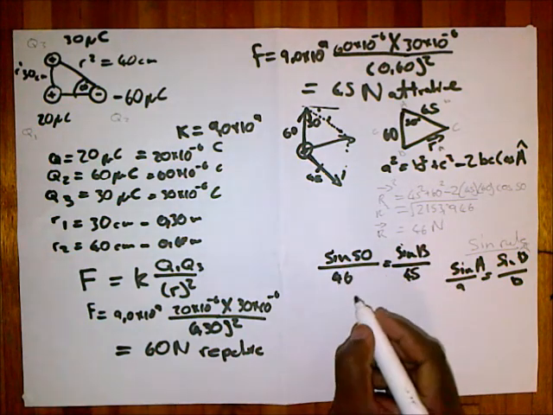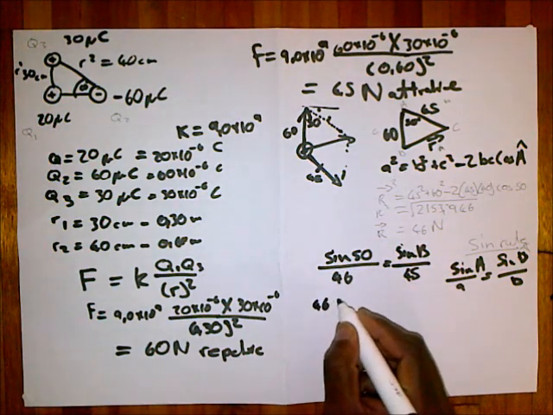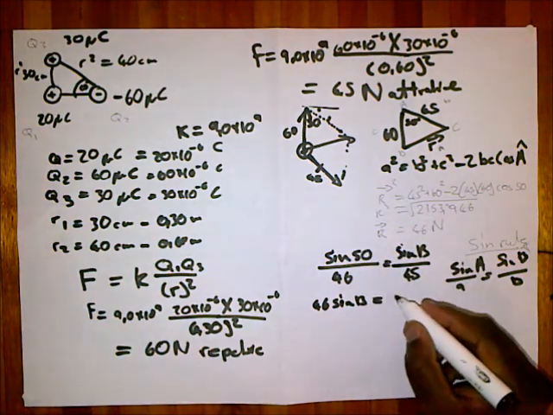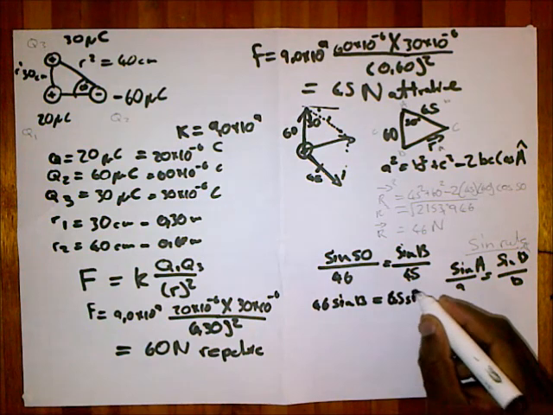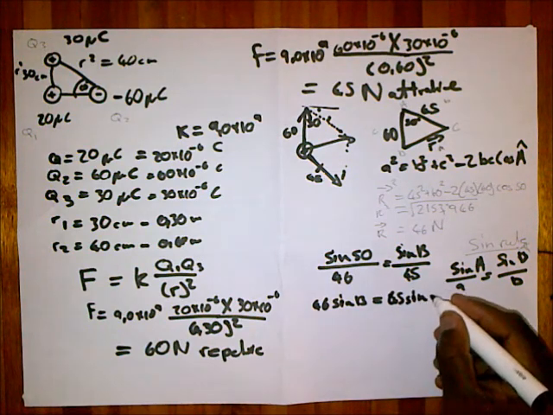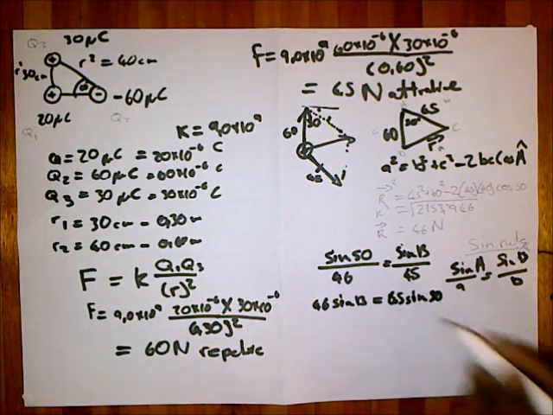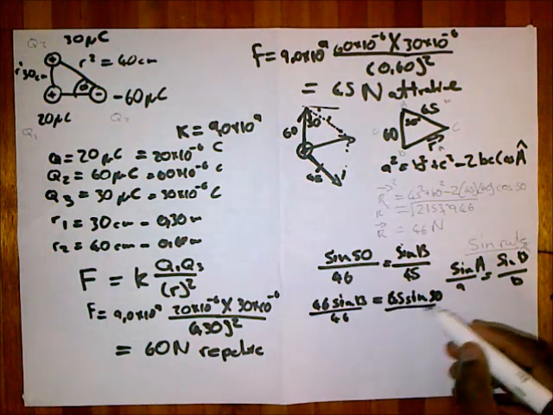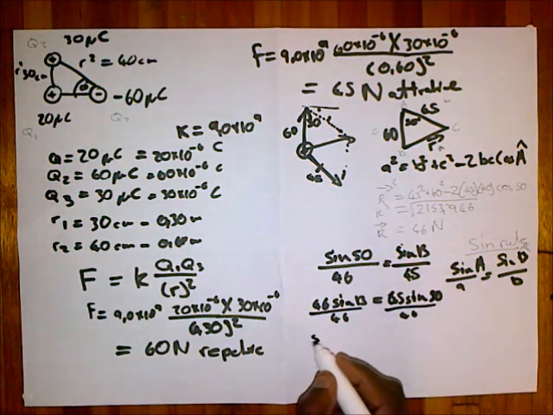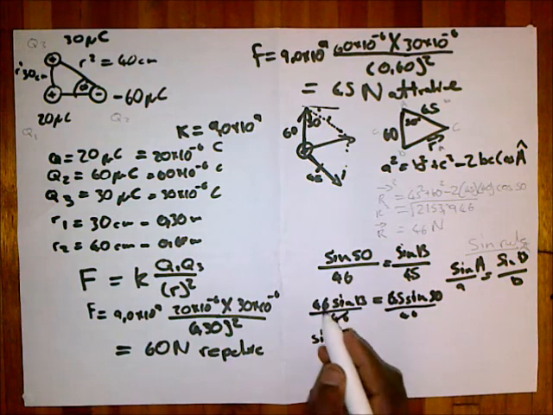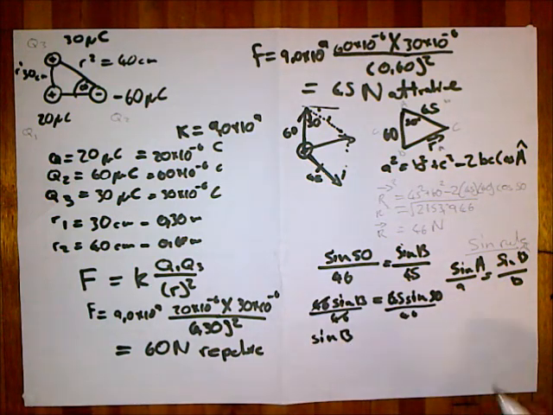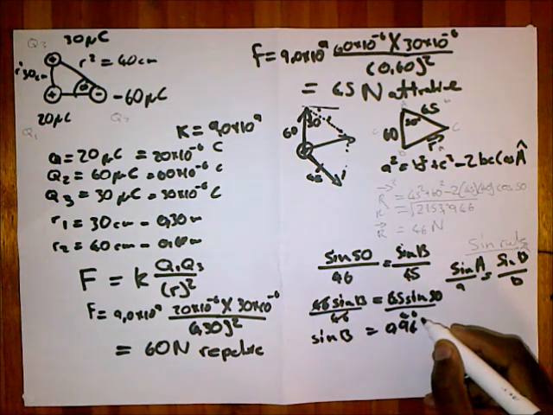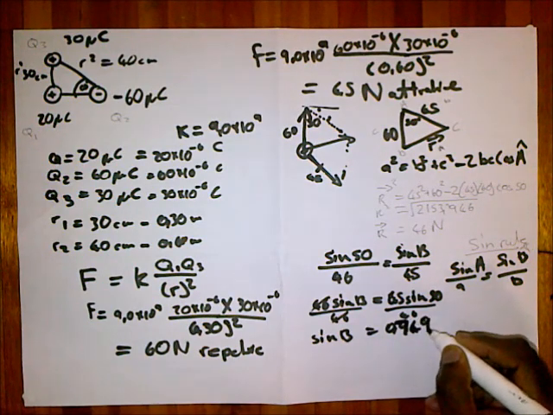Now we do the maths. 46 sine B equals 45 sine 50. Since we're looking for sine B, we divide both sides by 46, and there we get 0.94749.